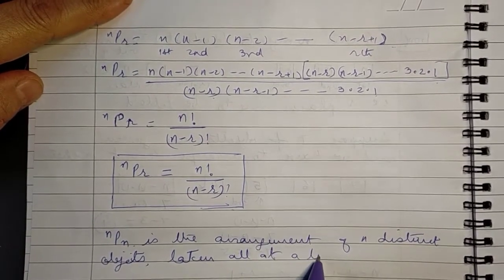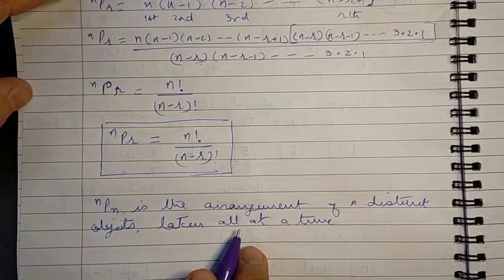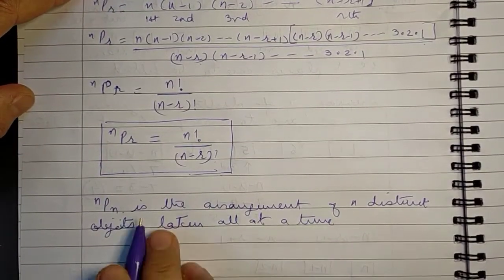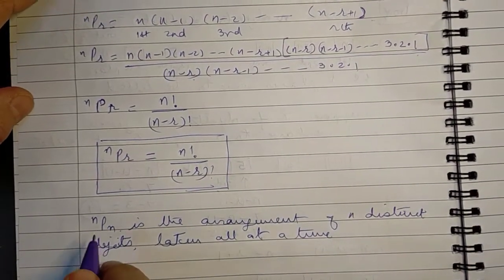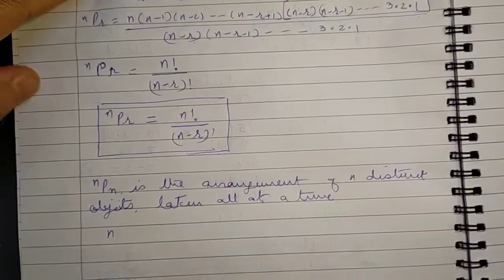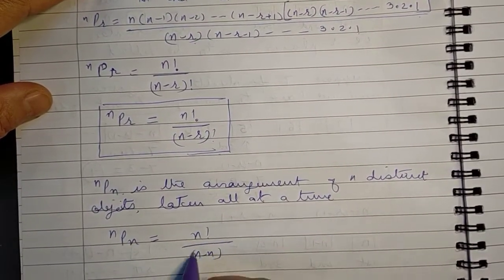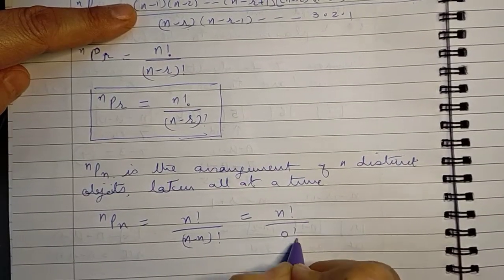All at a time means, suppose it's the word ROSE, we are taking all the alphabets of ROSE at a time, meaning we are making all possible 4-letter words. So what's the value of nPn? It will be n factorial over (n minus n) factorial, which amounts to n factorial over 0 factorial.